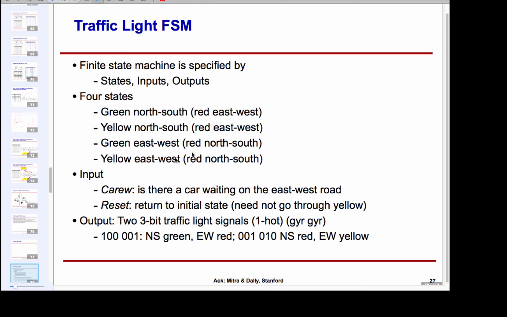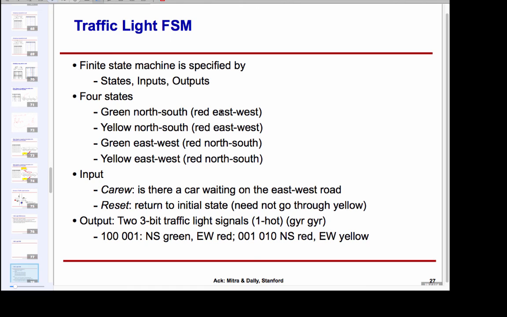Or east-west is yellow, and north-south must be red. I would submit that these are the only 4 distinct possibilities that exist in the system. Anyone doesn't agree with that? Right. So if our system is operating correctly, these are the only 4 possibilities.